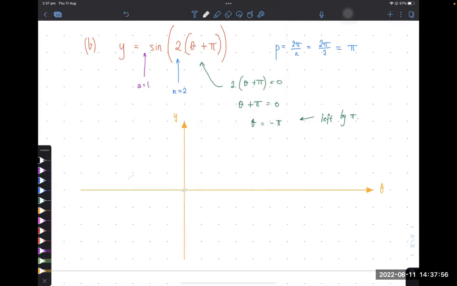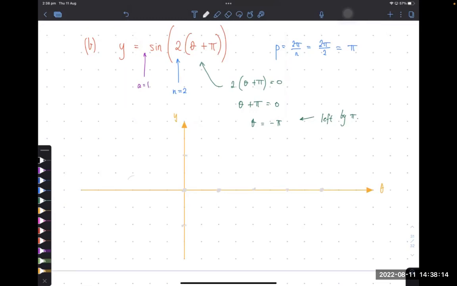So our sine graph here is going to go from 0 to pi. So I'm going to go 1, 2, 3, 4. That's going to be pi right there. We go up to 1 and we go down to -1.